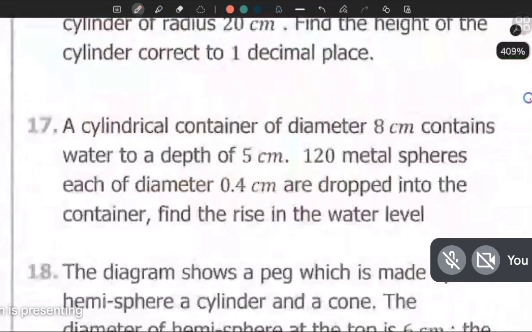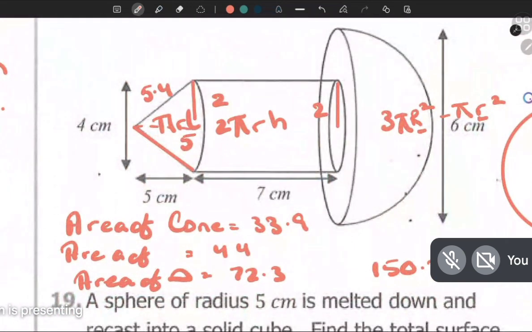Sorry, this is supposed to be 2 pi r h. So this is 88, which gives you 194 centimeter square. Did you understand?